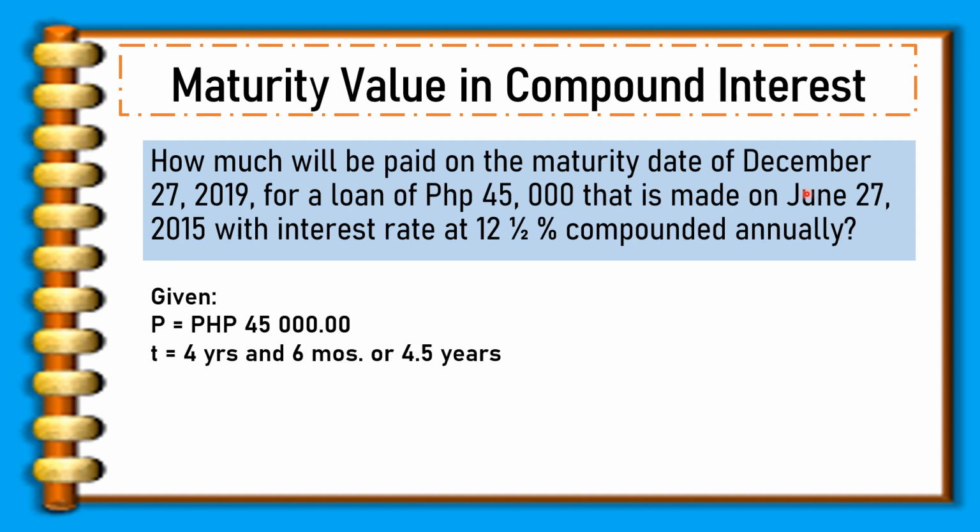It came from the date starting June 27, 2015 and ending December 27, 2019. So it is 4 years and 6 months, or 4.5 years. Rate at 12.5% or 0.125.